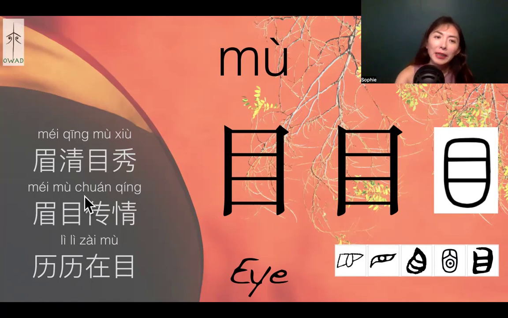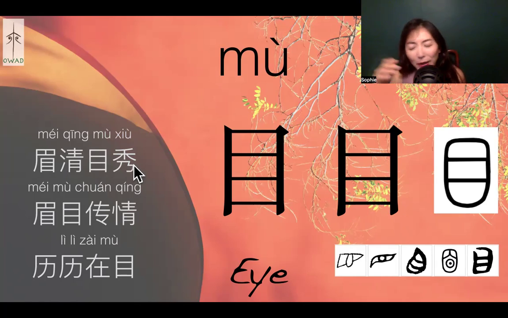Okay, the expression 眉清目秀 describes somebody who has good facial features. Instead of talking about everything, Chinese mostly looks at two features, how your brow looks and how your eyes look. And we like to use 清, which means clearly defined eyebrows.